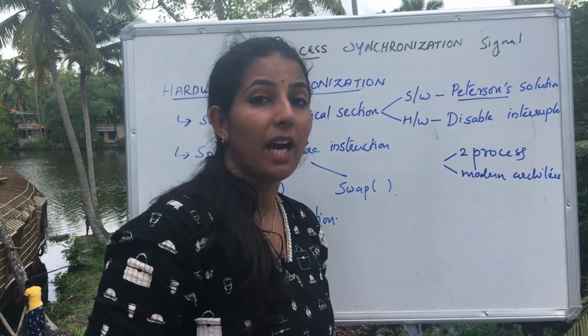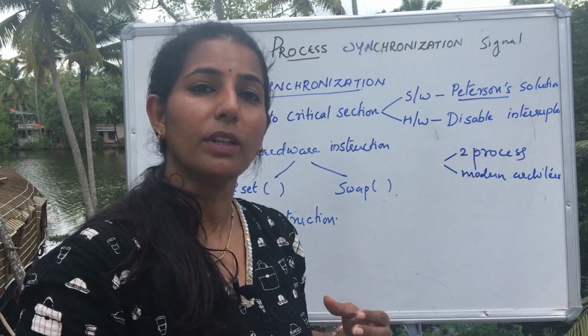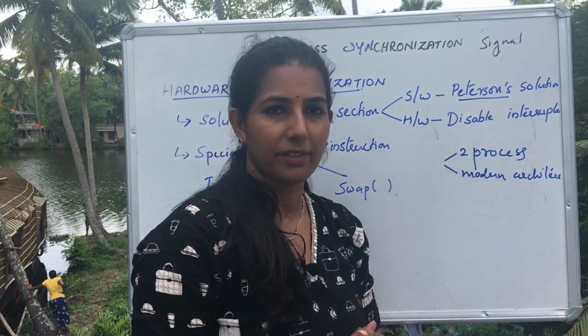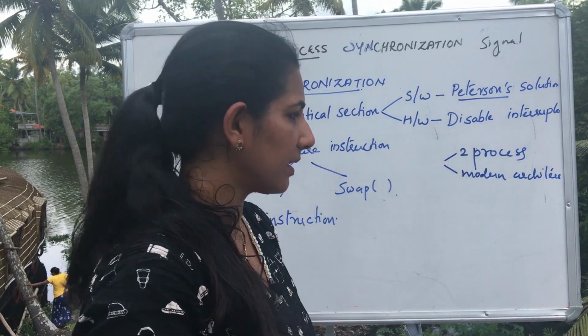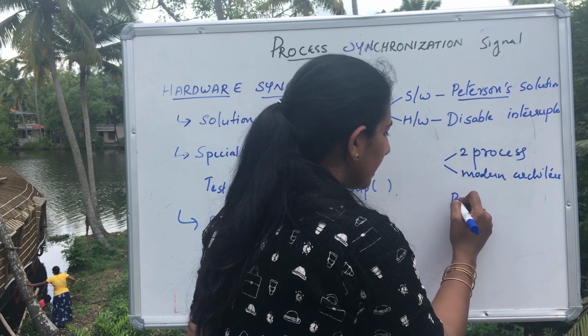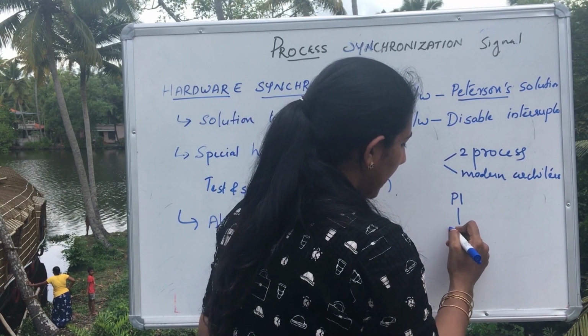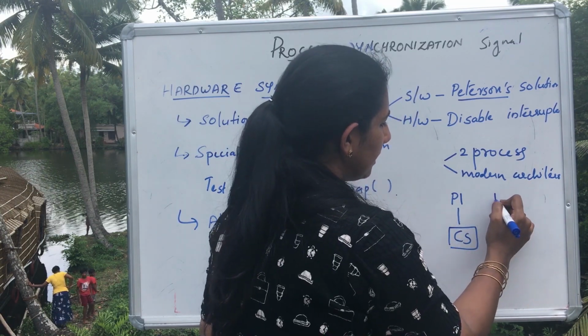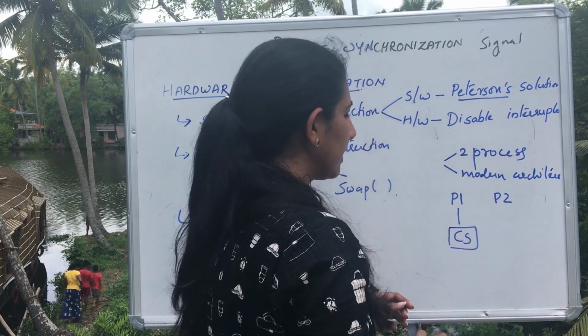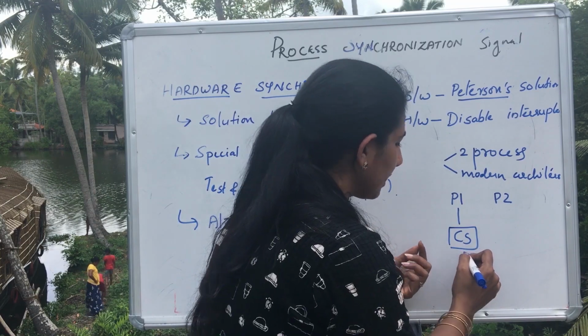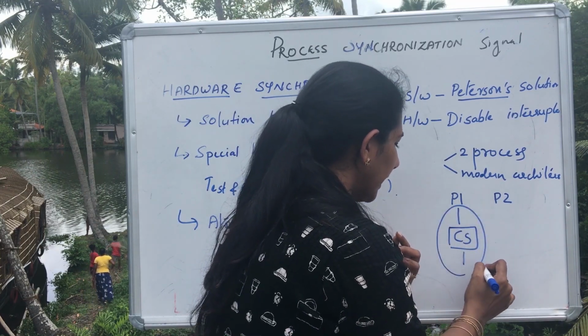If you think about a hardware solution, one solution is to disable interrupts. In a uniprocessor system, where one processor is trying to access the critical section, the other process will access the critical section only if process P1 completes its entire execution.